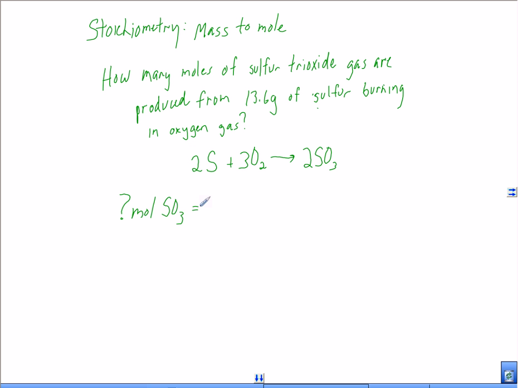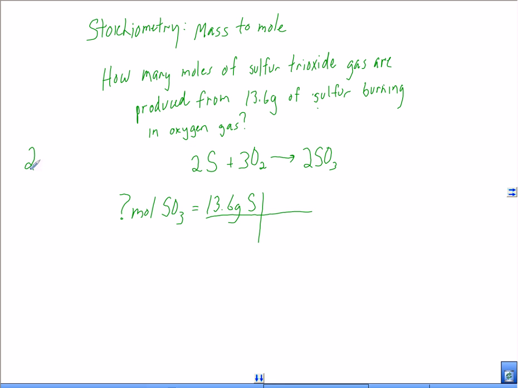And what am I given? I'm given 13.6 grams of sulfur. So if I set up my standard bracket system, the first thing I need to remember is that I cannot go from grams of one thing to grams of another. The only way to go from one substance to another is using the mole ratio.